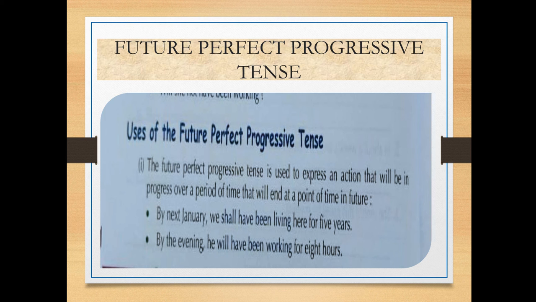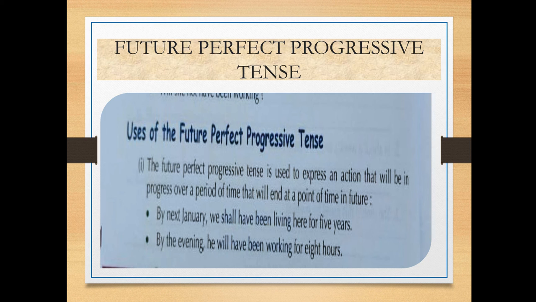By the evening, he will have been working for 8 hours. Right? So the future perfect progressive tense is used to express an action that is already in progress at present, and it is in progress over a period of time, right? And it will end at some point of time in future.